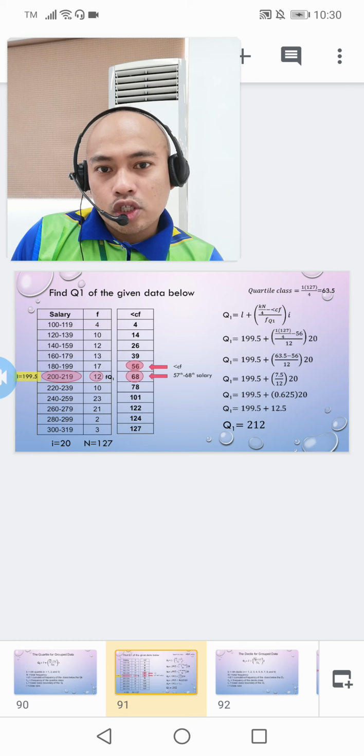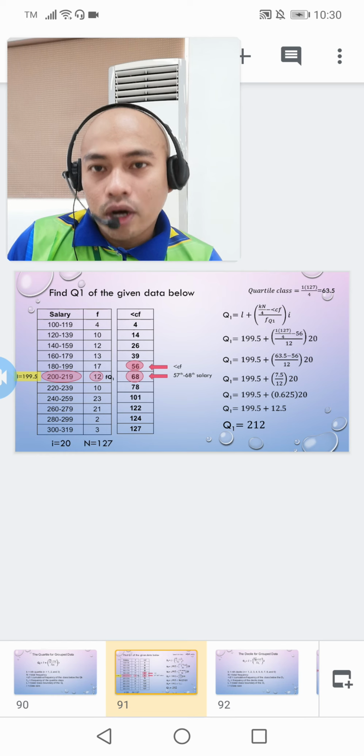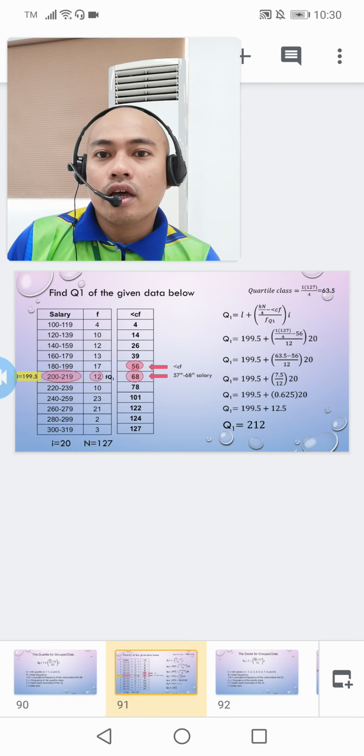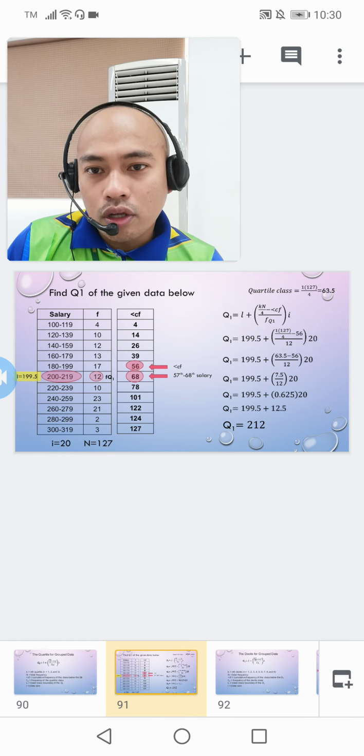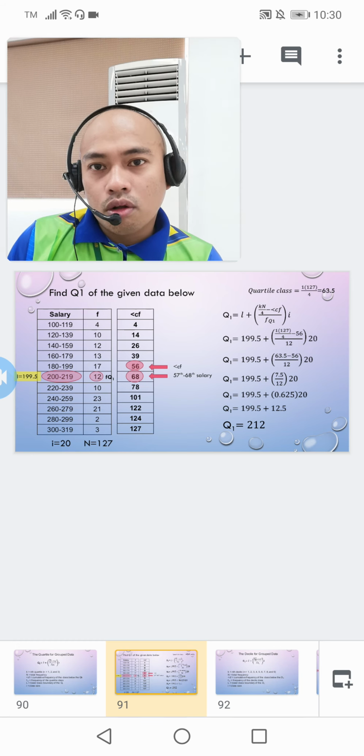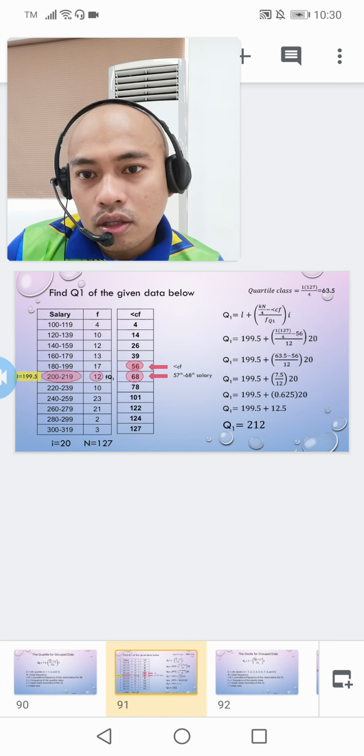So what does this 212 mean? That will now be the value of your quartile 1. That is the quartile 1. So as you can see, the 212 belongs to the quartile class from 200 to 219.